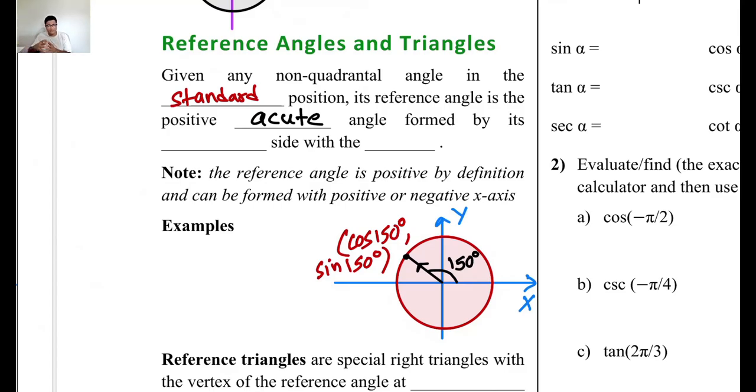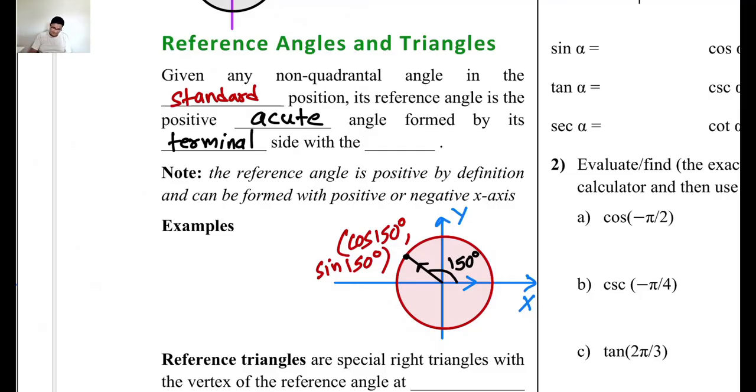Okay, just like in the first quadrant, a positive acute angle formed by its terminal side with the x-axis. Now in this case, the black radius with the arrow that I have marked there is the terminal side of that angle, right? For every angle in the standard position, the initial side is the positive x-axis.